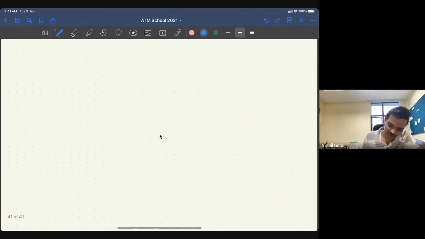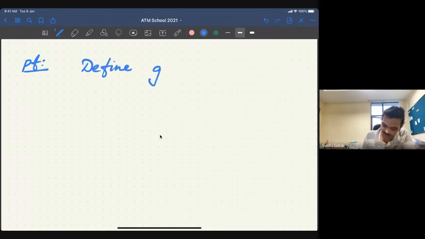So maybe one idea. So proof. It would be an exercise, but the point is define g(t) to be the integration.